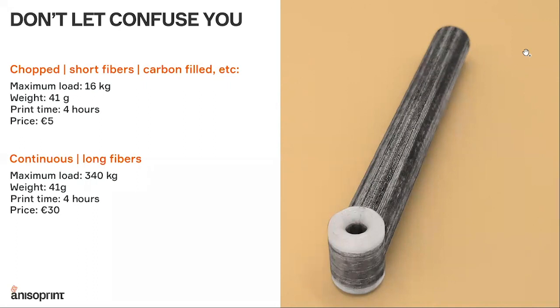But if you put continuous fibers inside this rod, all along the rod, then the maximum load that it can handle will be more than 20 times higher than for just the short fiber filled material, with roughly the same weight, roughly the same printing time, but of course at a high cost. But that's what you need to pay for the high performance.